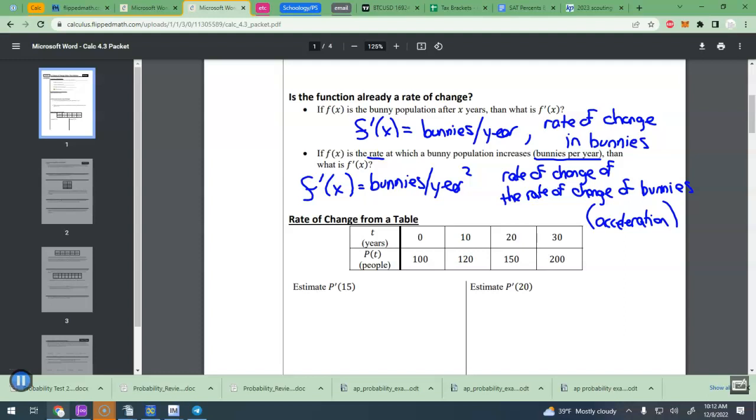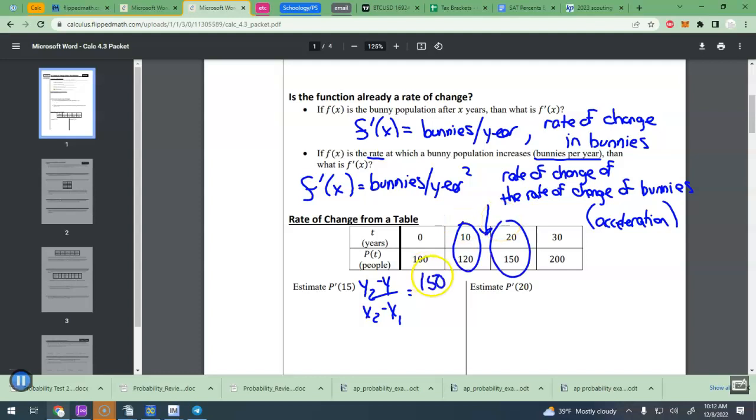And then rate of change from the table is not too bad. It's basically just a slope formula. If I ask you for p prime of 15, 15 is right in the middle of 10 and 20, so I would do y2 minus y1 over x2 minus x1 with these two points.